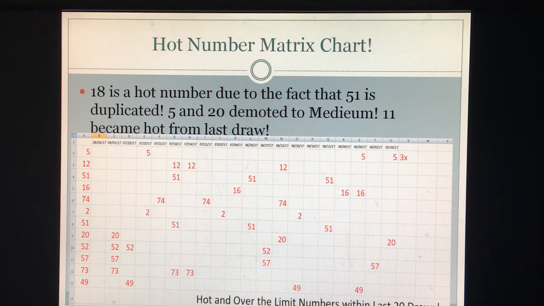And everything in the chart stays the same. You cannot pick any of those numbers in the chart. But the 5 and 20 is considered a medium number and is no longer part of the hot number chart. It is now part of the medium number chart.